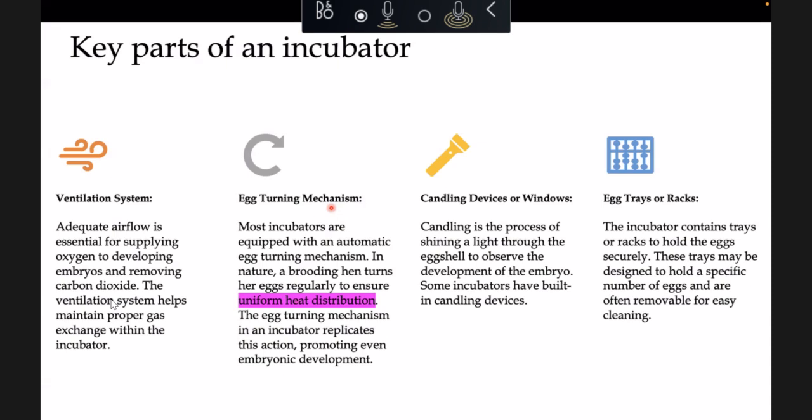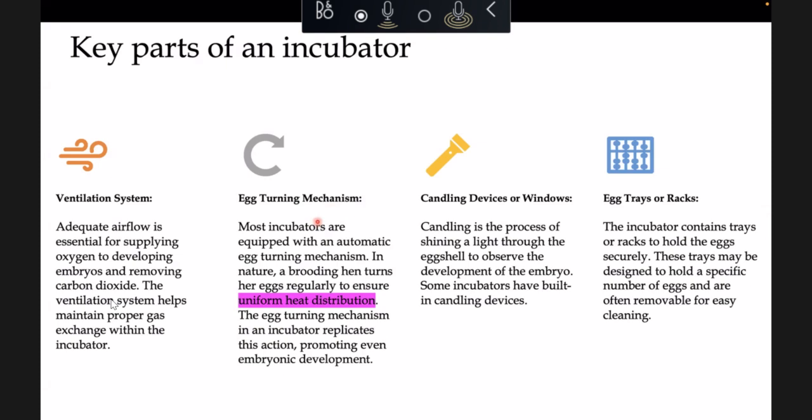There are some old incubators, home type incubators, that may have a heat source at only one side of the incubator. So the turning ensures that all sides of the egg are heated properly.